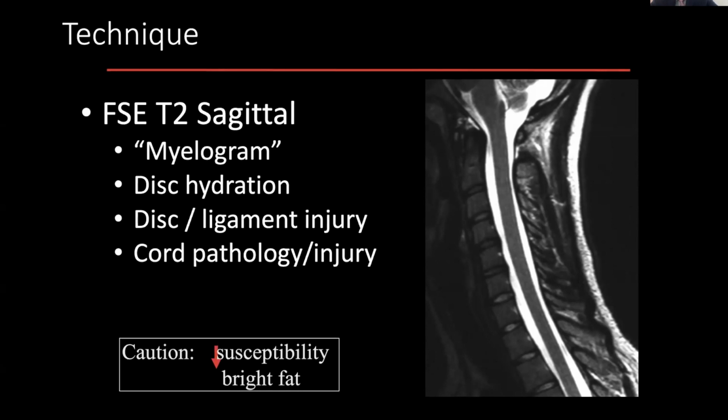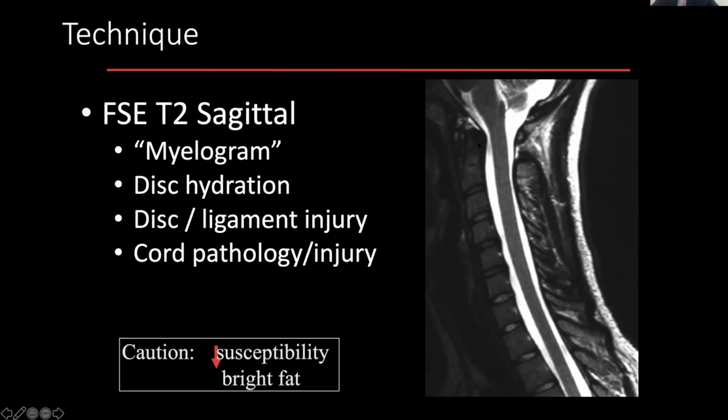And that being that, it can either be the same as what it normally is, it can either be brighter than what it normally is, or it can be darker than what it normally is. And oftentimes that's not specific, but if you look across multiple parameters, you can often utilize that in order to come up with a good differential and hopefully come up with a specific diagnosis.